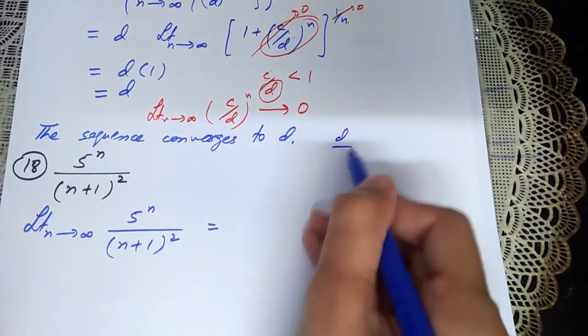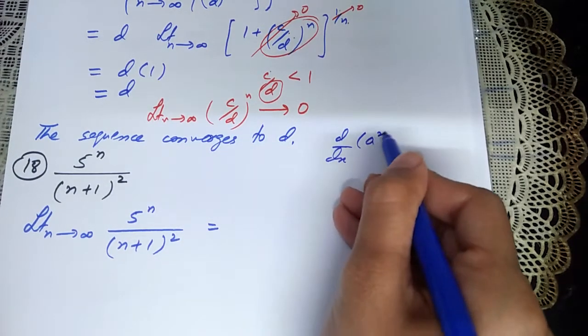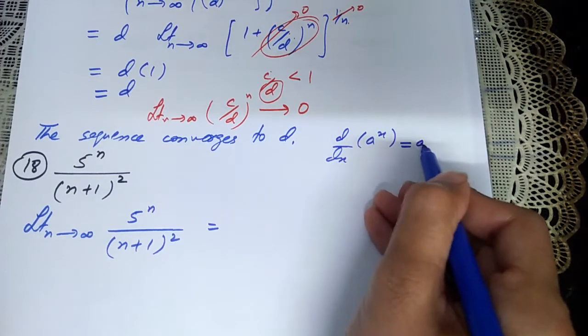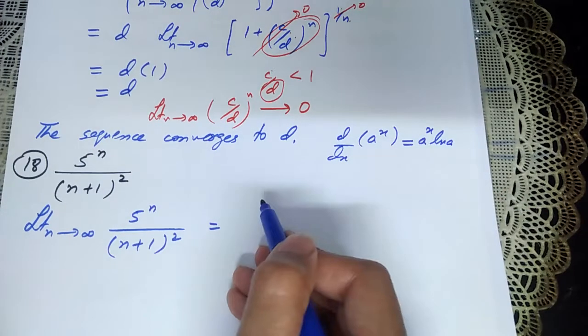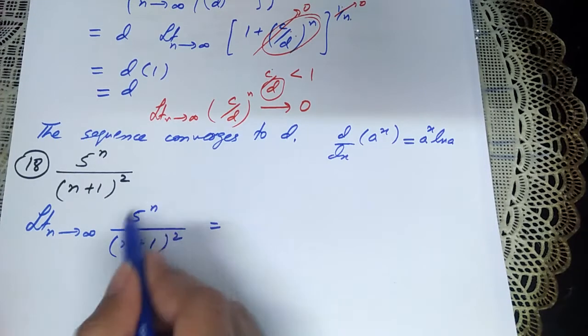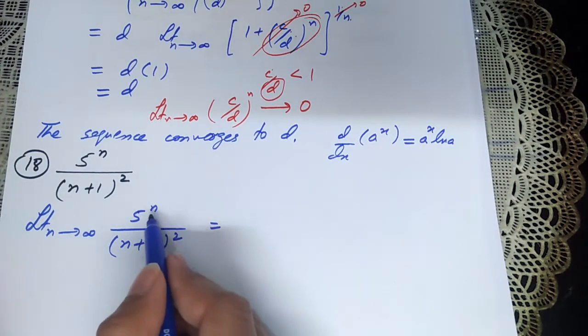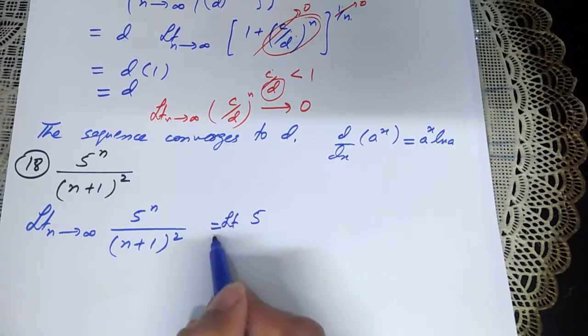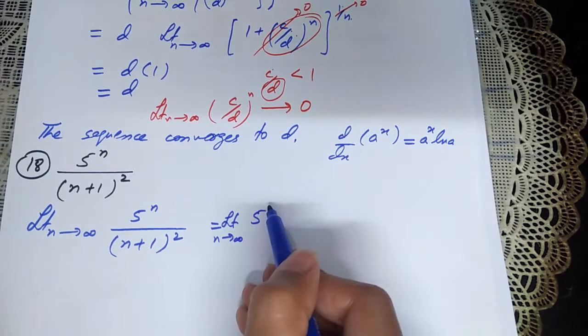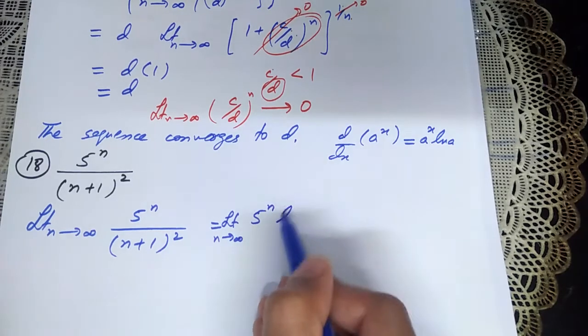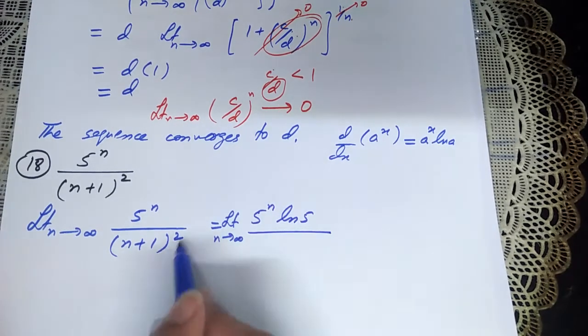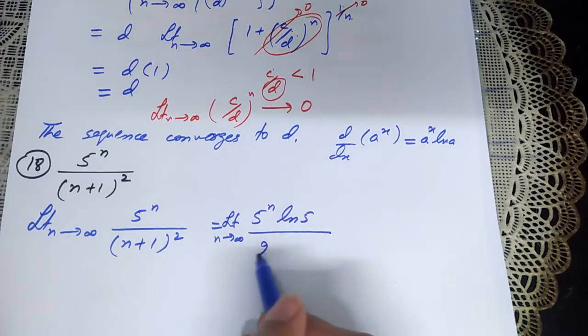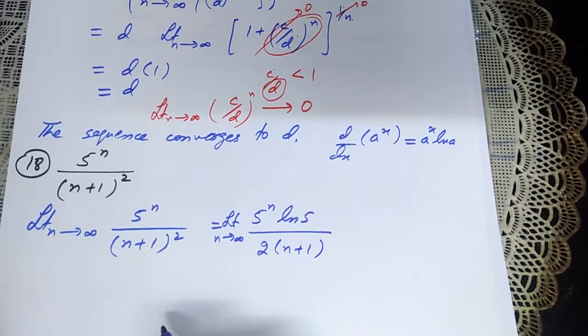You know that d by dx of a^x is a^x ln of a. So here d by dx of 5^n is 5^n ln 5, divided by the derivative of the denominator, which will be 2 into (n plus 1).